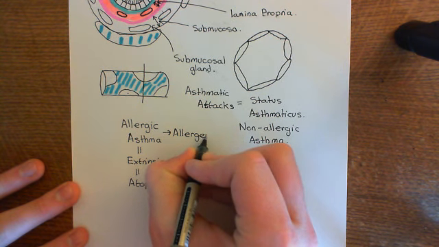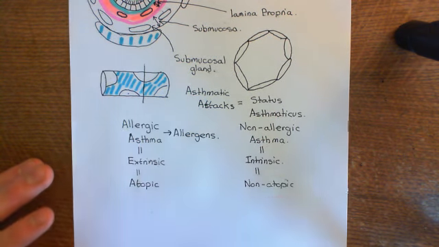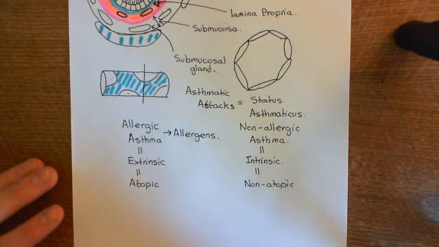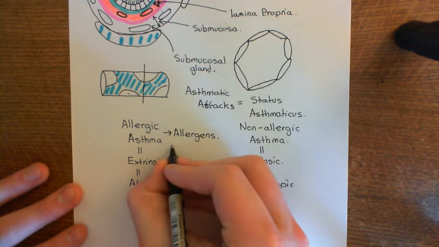Now, what are allergens? Well, allergens are proteins that you have initiated a humoral adaptive immune response against, which you shouldn't have. It's a hypersensitivity reaction. Okay, so that's a good word.